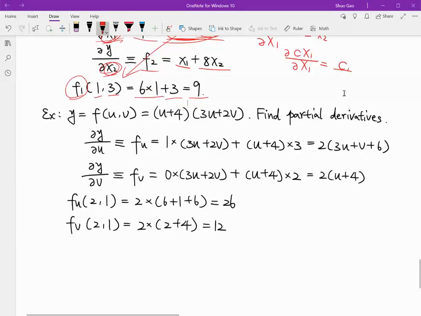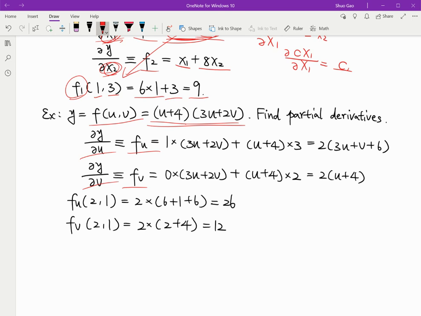So let's see an example here. y equals f of u, v, which is this. I want you to find the partial derivatives of the two. So we can also write the partial derivatives as f_u, f_v. So here, because it is a multiplication of two functions, we need to apply the product rule.